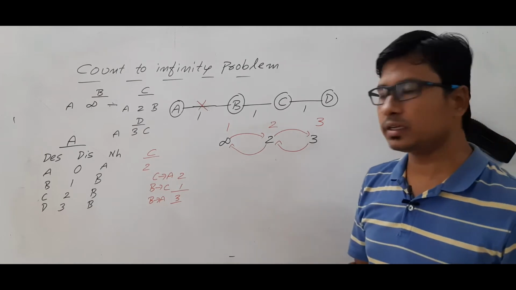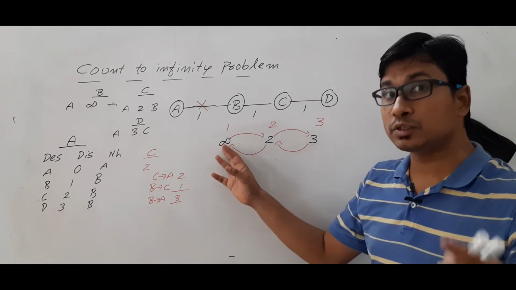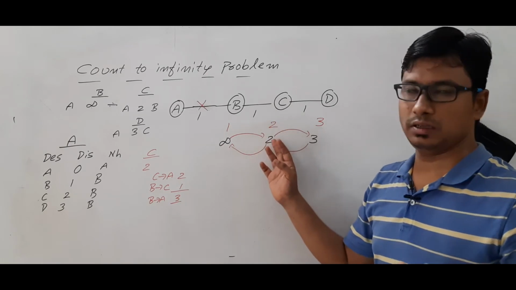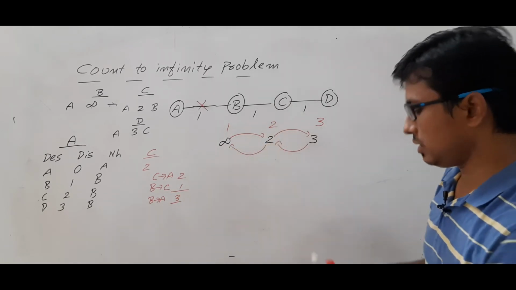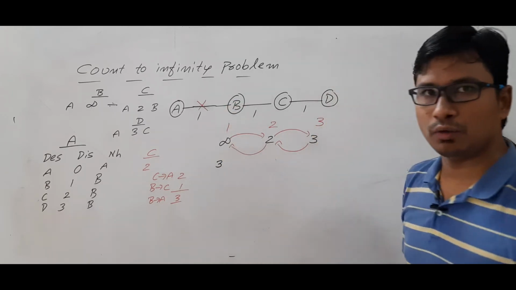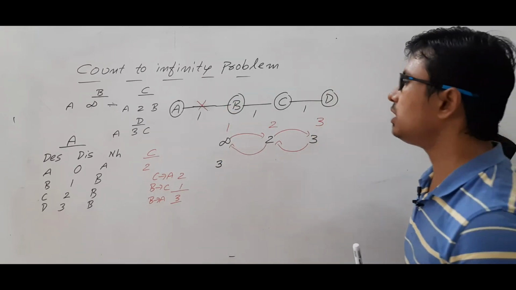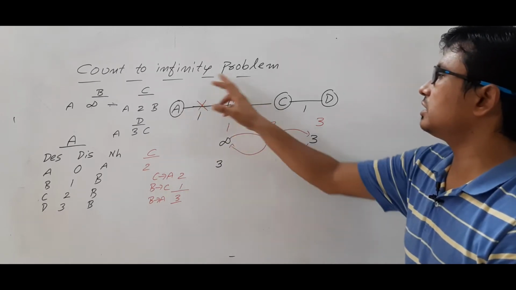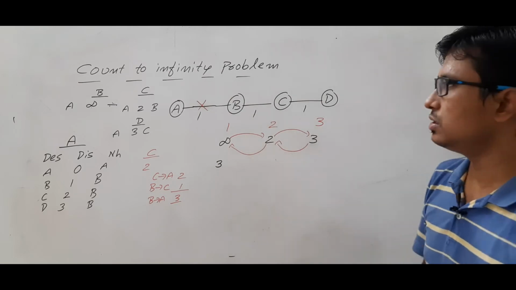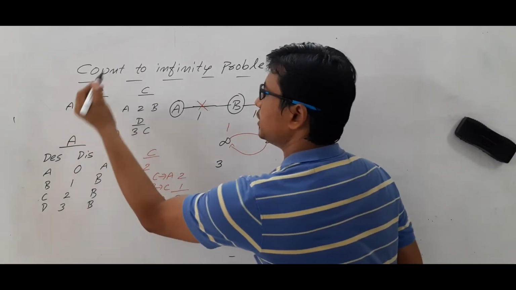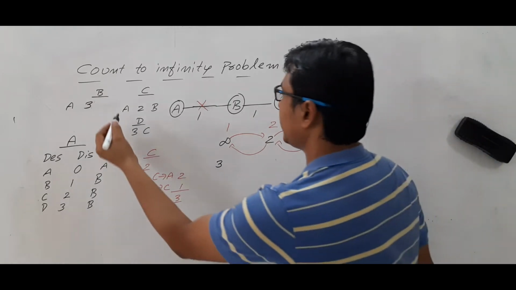It is not checking its old value; based on the information from C, it is updating. So this value will be updated as 3. But however, it should be infinity only. So B is thinking that it can reach A with a distance 3 via C. So this value will be updated in its routing table: B to A distance is 3 and next hop is C.